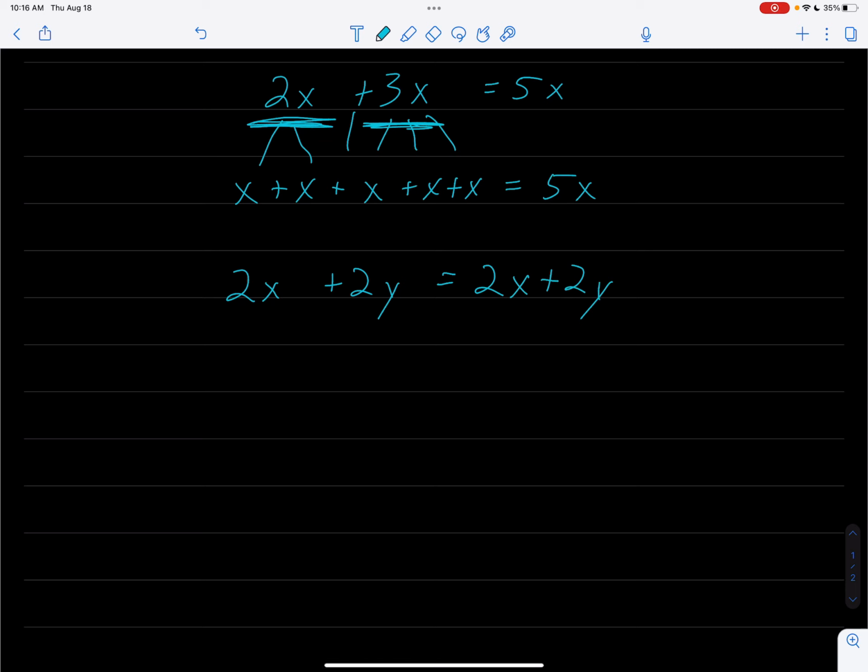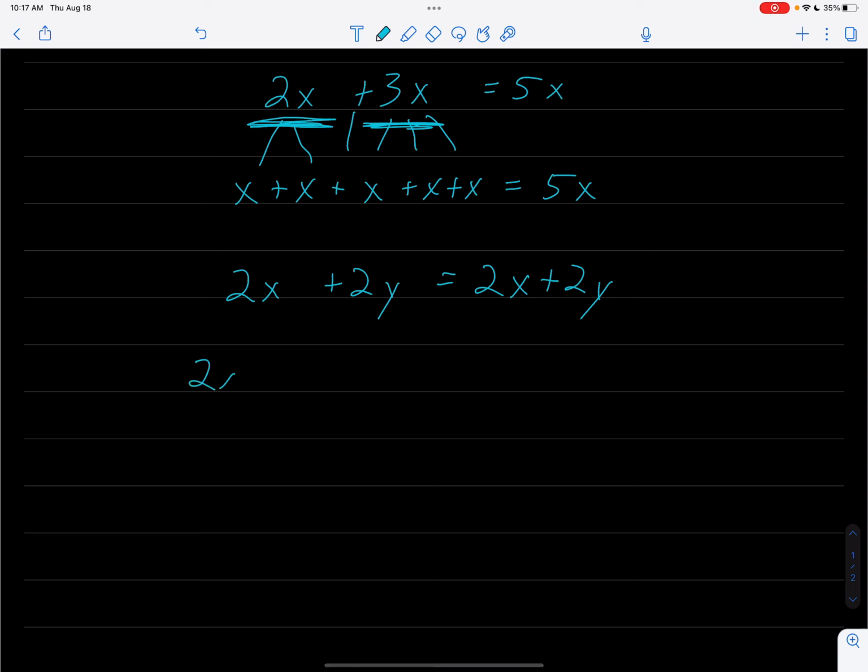The second I say the algebraic sentence out, it doesn't make sense. 2 x's plus 2 y's. I wouldn't say 2 bananas plus 5 apples is equal to 7 apple bananas. That wouldn't make sense. It just ends up becoming nonsense.